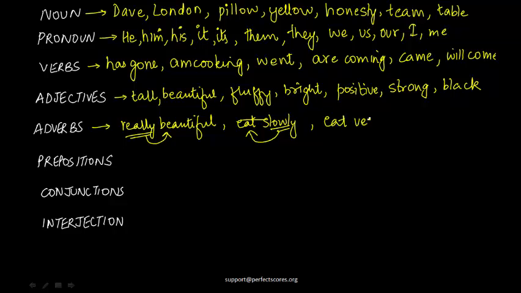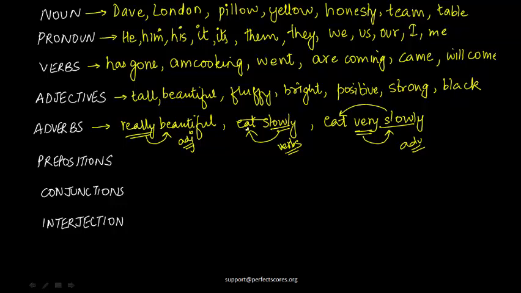Or eat very slowly. Slowly is the adverb that describes the verb eat. Very is the adverb that describes the other adverb slowly. So adverbs basically describe other adjectives or other verbs or other adverbs.